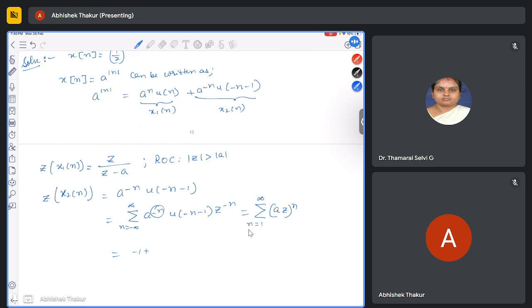The value will be minus 1 plus the summation from n equal to 0 to infinity, because we are just adding 1 and subtracting 1. So this will become az/(1 - az), and the ROC will be mod of z less than 1/a.